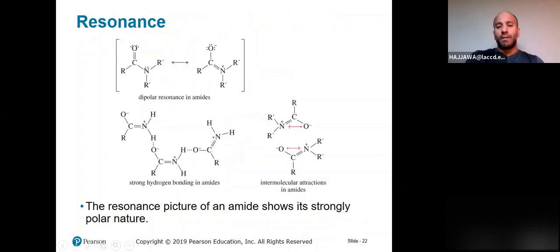Keep in mind that the multiple sites we're referring to are, when you have an amide, you could see clearly that the oxygen on the carbon and the nitrogen contribute to the intermolecular forces formed with another molecule of the same. And that's why you see a slightly higher boiling point or melting point compared to the carboxylic acid.